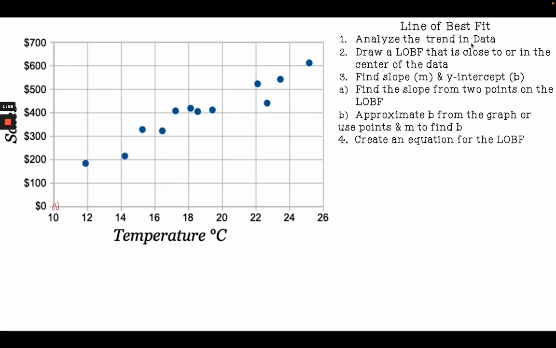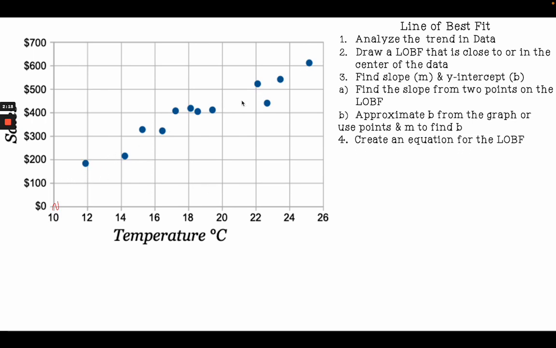And we talked about a couple things. Number one, we want to see, does our data go in a positive direction or a negative direction? And it goes for us in a positive direction, meaning as the x is going higher and higher, the y is also going higher.